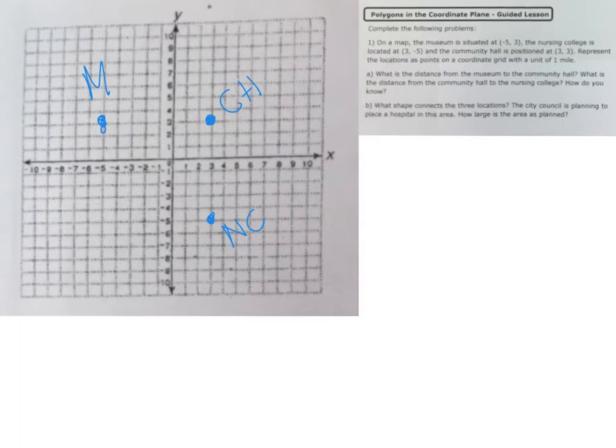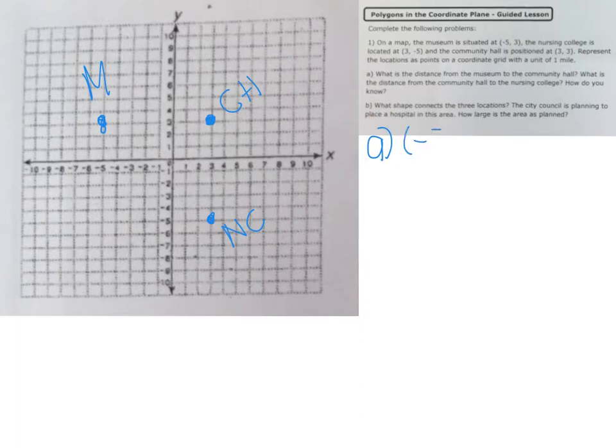So it asks us in part A, what is the distance from the museum to the community hall? So in part A, I am looking at what I have the same in the museum and the community hall and what is different.